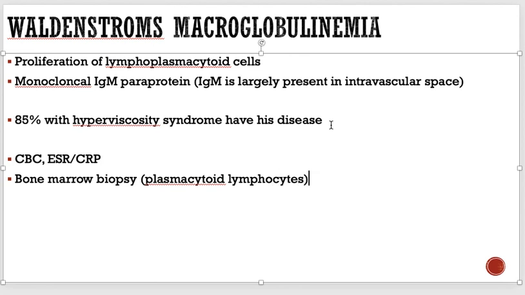Okay, so we can go for CBC, ESR, CRP. You can check for bony lesions. You can do electrolytes. Hypercalcemia will be there. Hypercalcemia will be present in almost all kinds of cancers. Okay, so all these investigations, like many other investigations, can be done, but they are not needed to cover here.